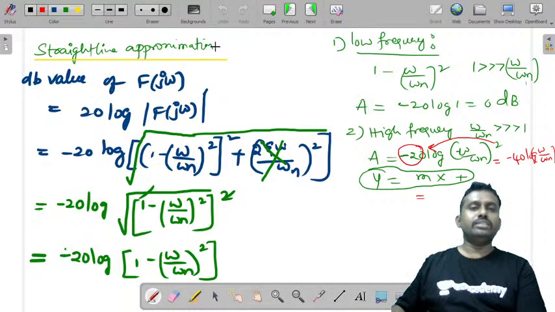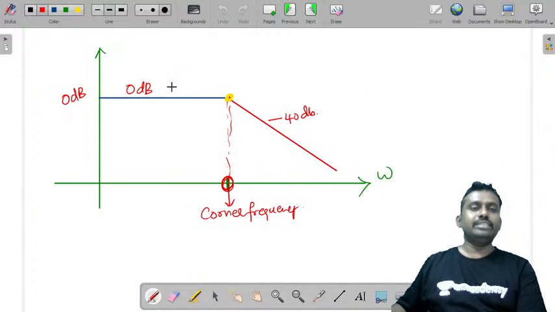Because the BODE plot is generally drawn on a logarithmic graph, we find the dB value. When you find it for low and high frequencies, it is 0 dB for low frequencies and minus 40 dB or minus 20 dB based on the given question. So you have these two frequency ranges, the low frequency range and the high frequency range.